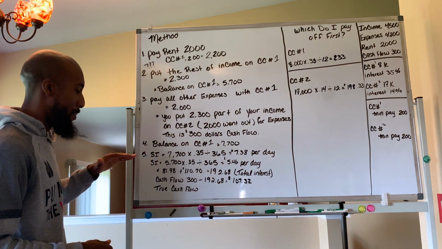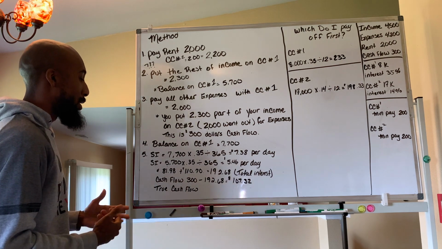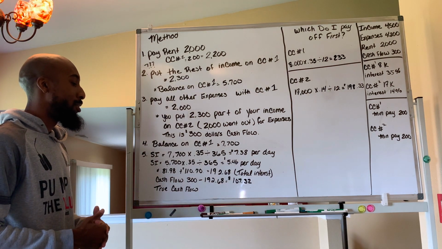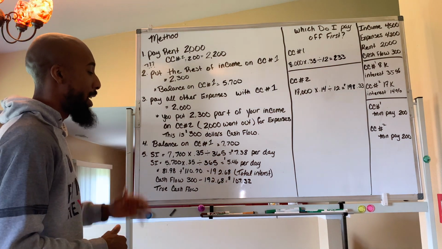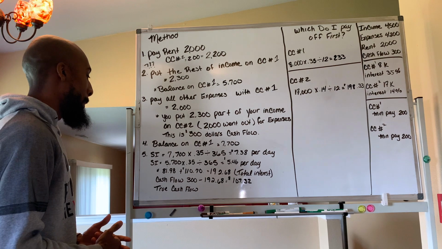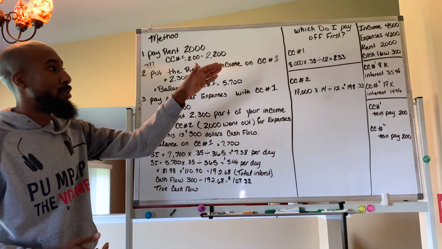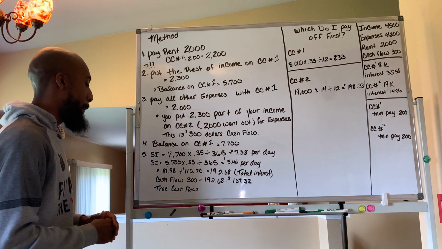So if we do the math, it will be $81.98 plus $110.70. This will equal a total interest of $192.68, right? So remember, the interest is $233, so we did save on interest, right?